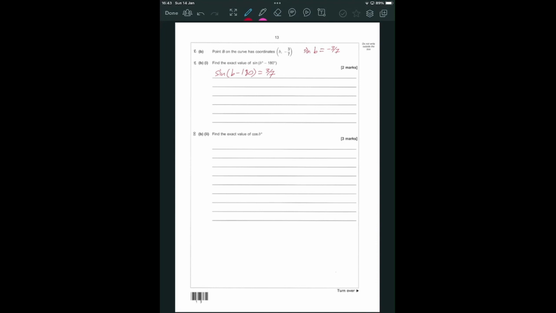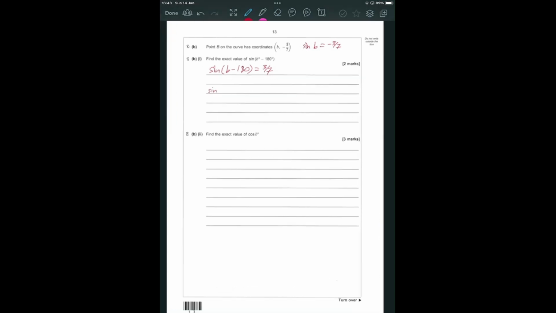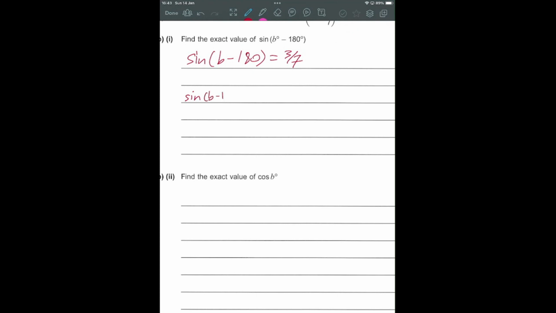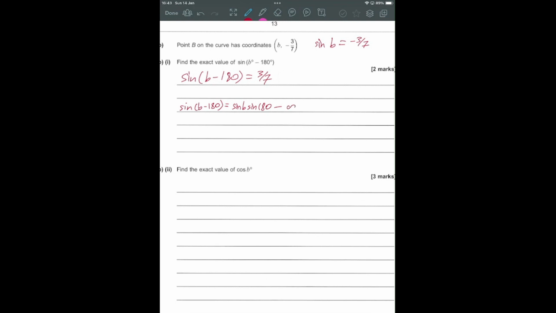The alternative, which is what I expect the examiner will be expecting of the majority of students, is to expand it out with the double angle formulas. And I've already quoted that wrong. So the double angle formulas say this. Sine of A minus B is sine cos minus sine cos.